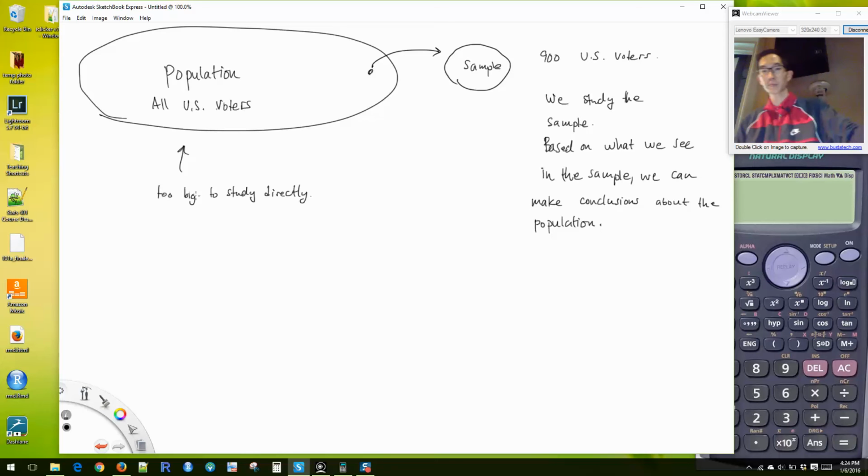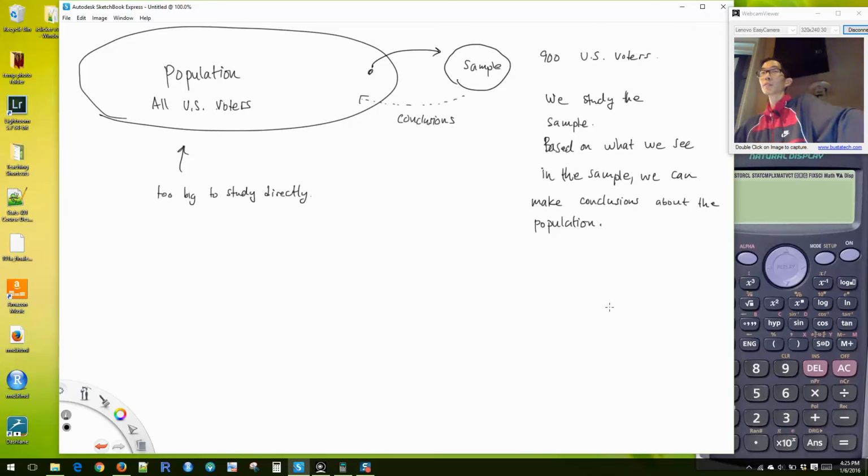And so in order for the conclusions we make about the population to be valid, the sample that we have selected must be representative of the population. Okay?